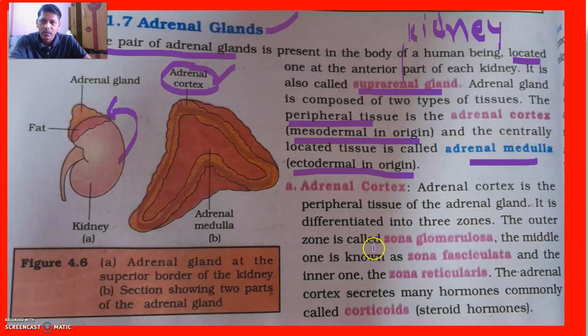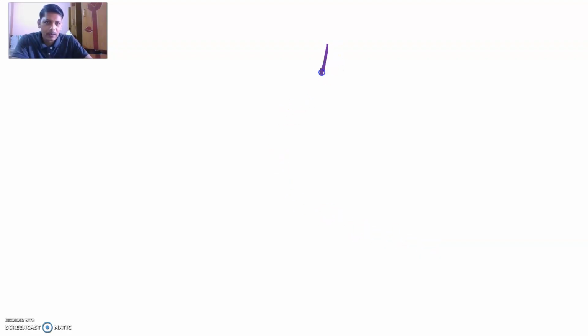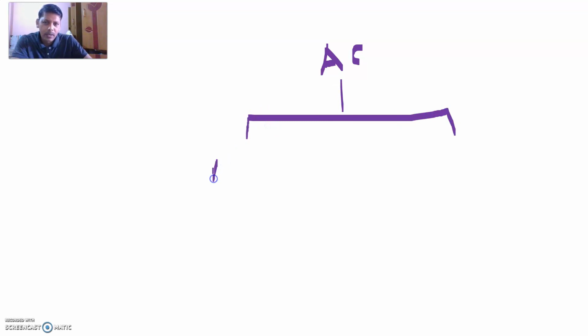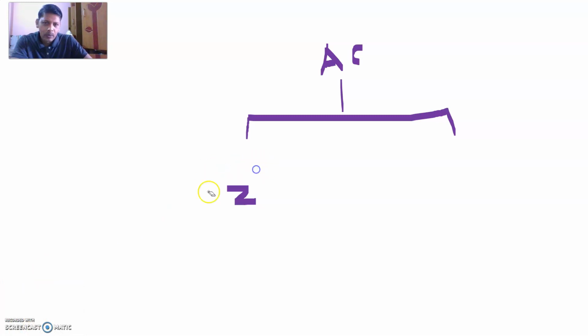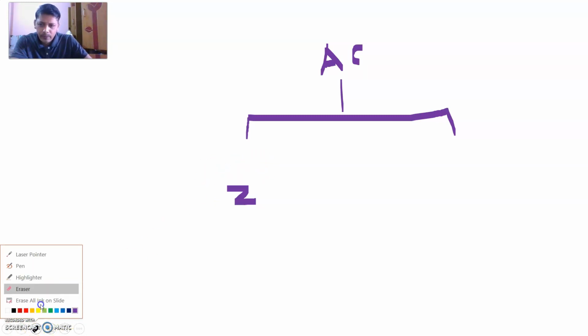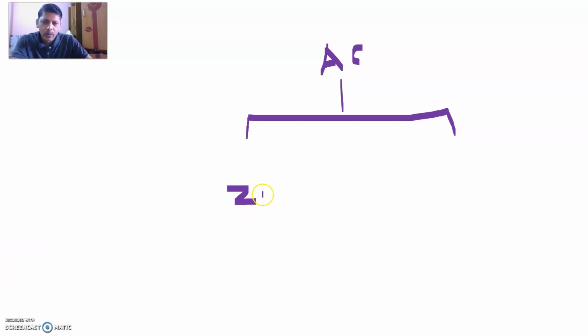The adrenal cortex is divided into three zones. You can remember them with GFR, which you already learned in the kidney lesson as glomerular filtration rate.